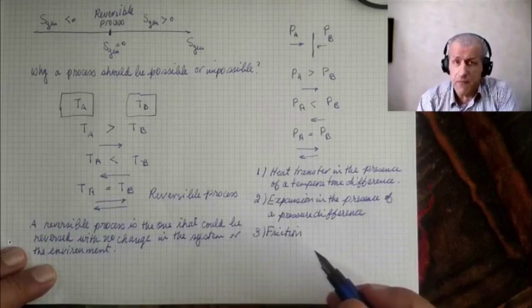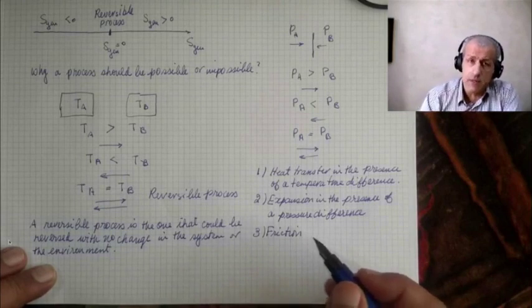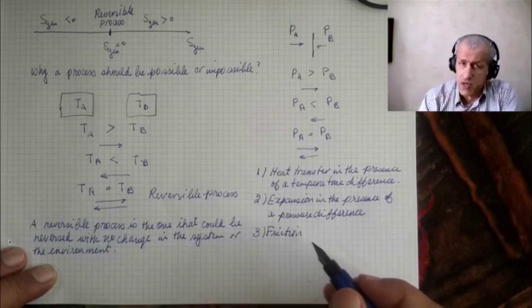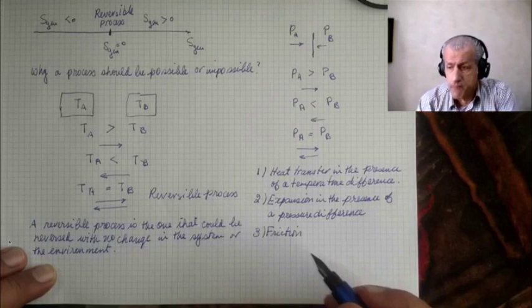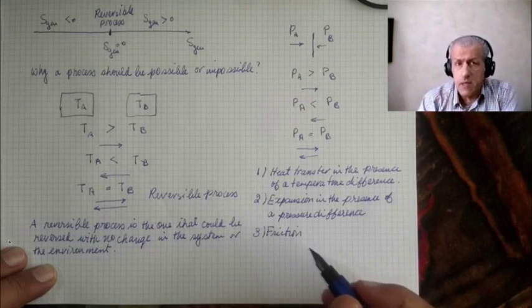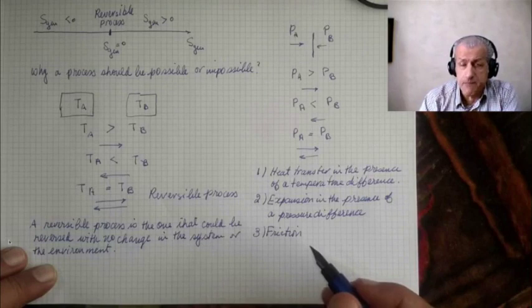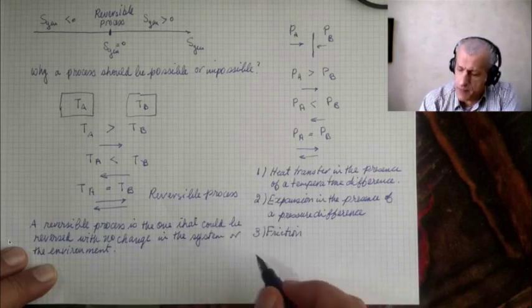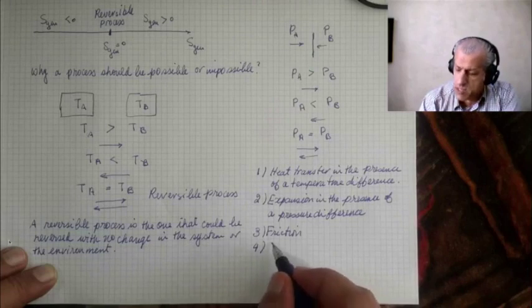It wouldn't give you back what it has already taken. So friction is also one element, one fact which makes a process irreversible. Four is combustion.